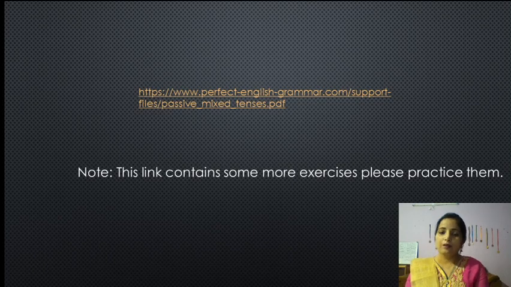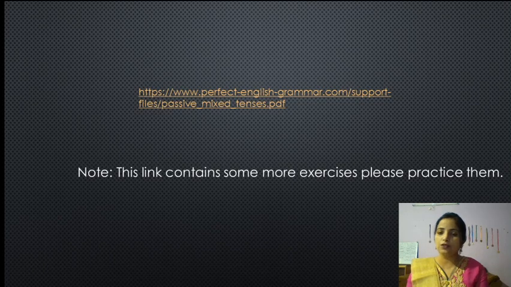Remember that. Passive voice does not change the tense of the sentence. You cannot change the tense. The tense will remain the same. Only thing changes is the verb to be. And of course, the main verb uses only V3. If the main verb is already in V3, we don't have to worry.